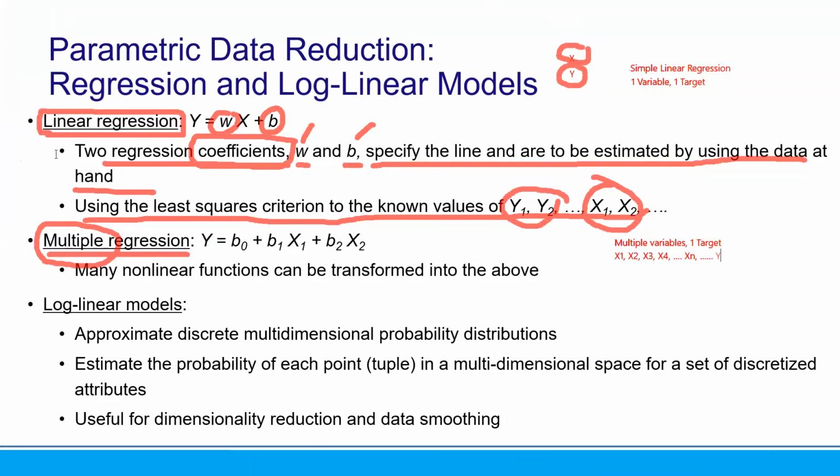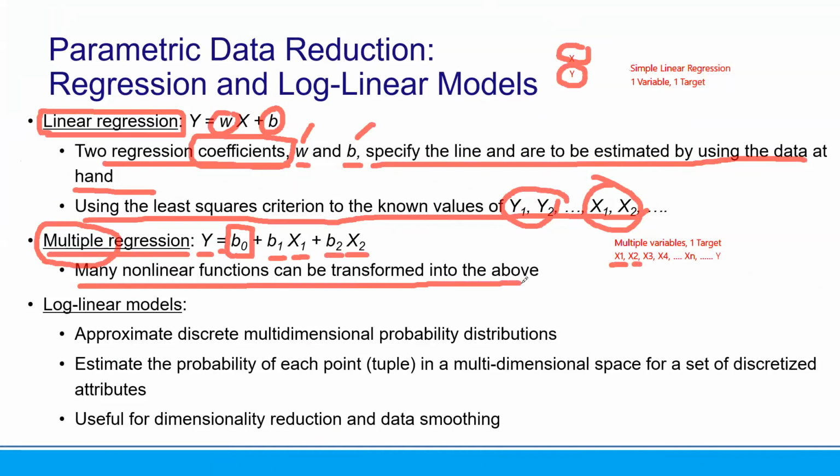So that's why we have the formula y equals beta 0, the coefficient, plus beta 1 multiplied by x1, x1 is the variable, plus beta 2 multiplied by x2, x2 is the variable.